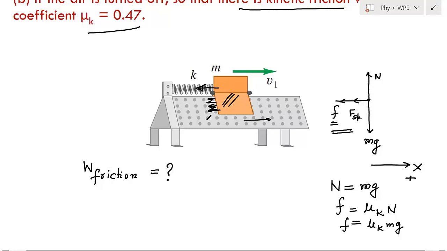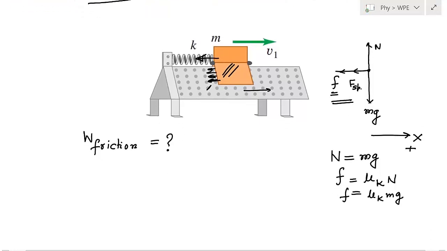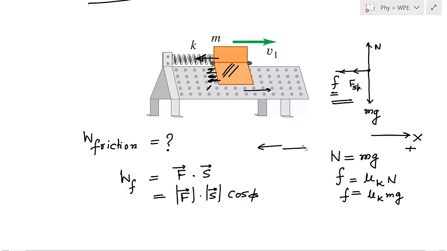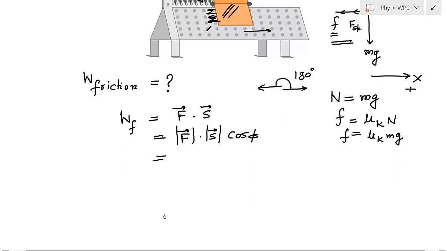So we can find the work done due to friction. Work done due to friction is F dot displacement, that is magnitude of F, magnitude of displacement, and cos of phi. What is the angle in this case? This force is acting in this direction and the displacement is in this direction, so the angle between these two is 180 degree. You know cos 180 is minus 1.